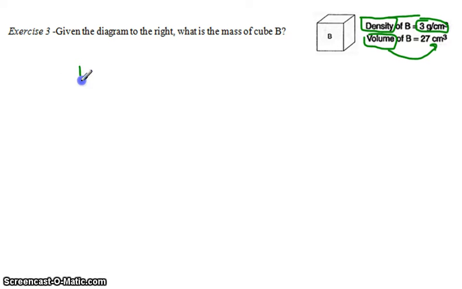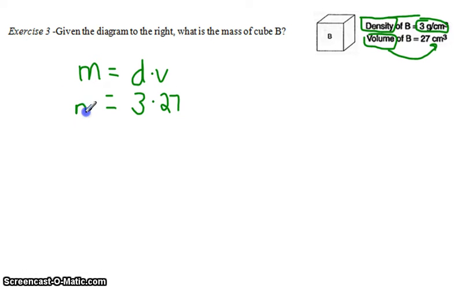So we know that mass is equal to density times volume. Our density in this problem was 3, so we substitute 3 in for D. And our volume was 27, so we substitute 27 in for our volume.